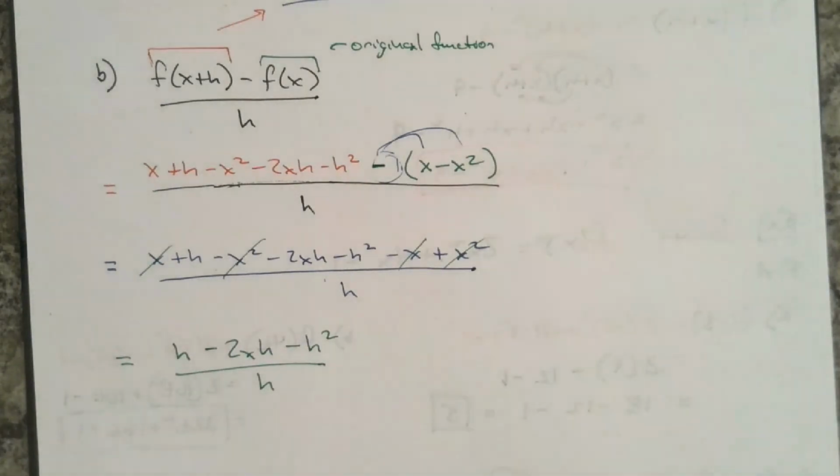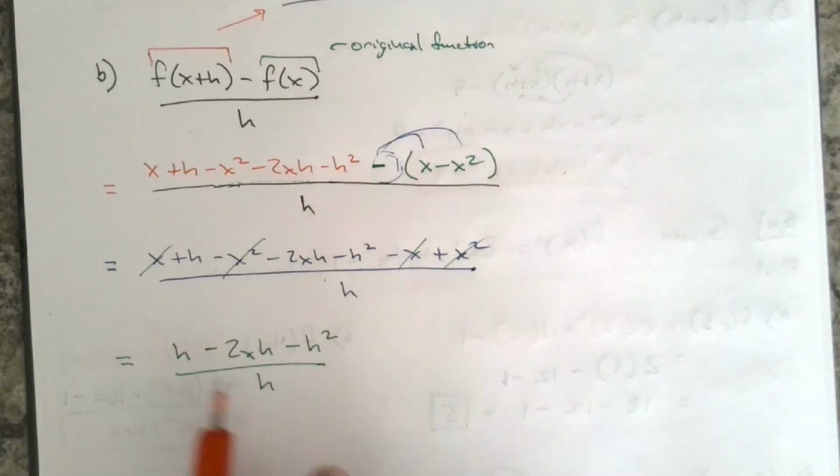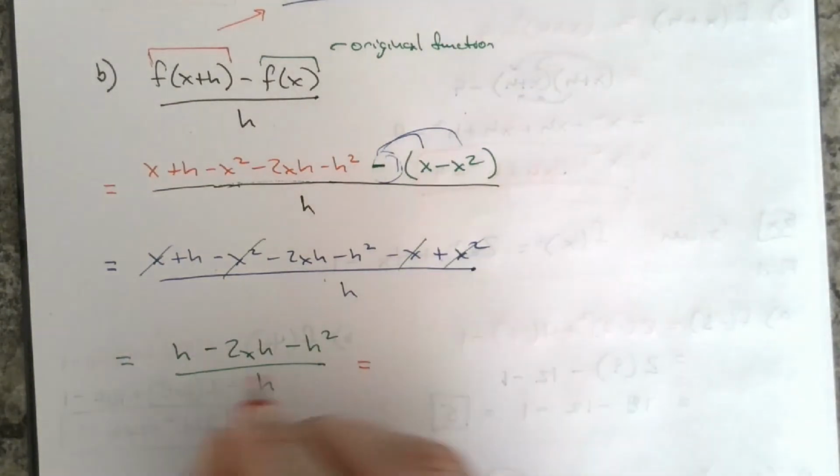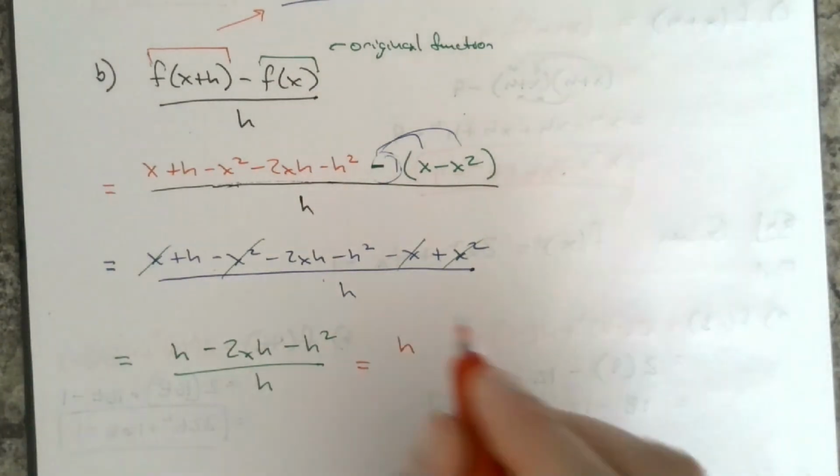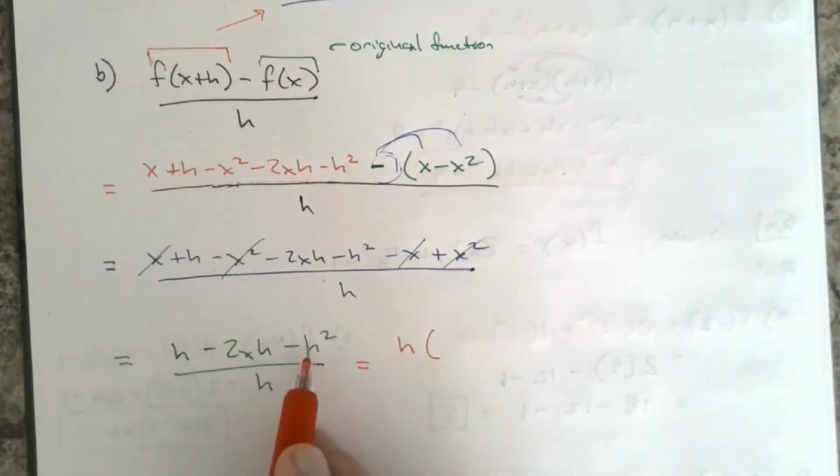And now what we'll do is, like I said, you can't just start canceling h's out. The way that you might be able to cancel those is if you can factor something out of the numerator that might also cancel with the denominator, then you can. So from the numerator, I'm going to factor out a GCF. h minus 2xh minus h squared has a greatest common factor of h, so I'm just going to factor h to the front. And remember, when you factor out, you're really dividing each term by whatever you factored out and writing what's left over.